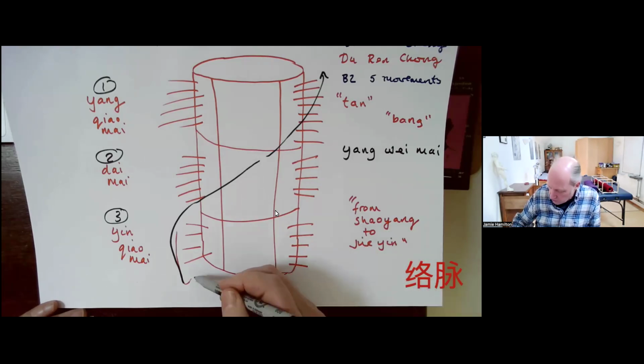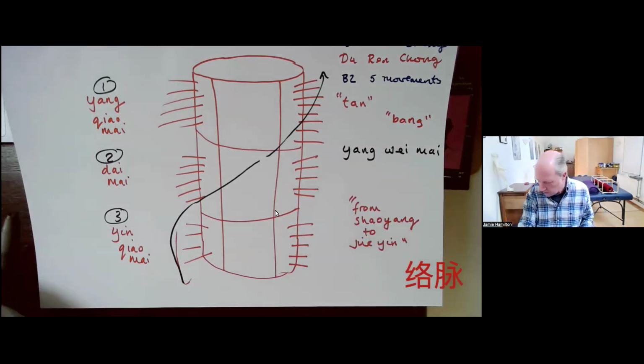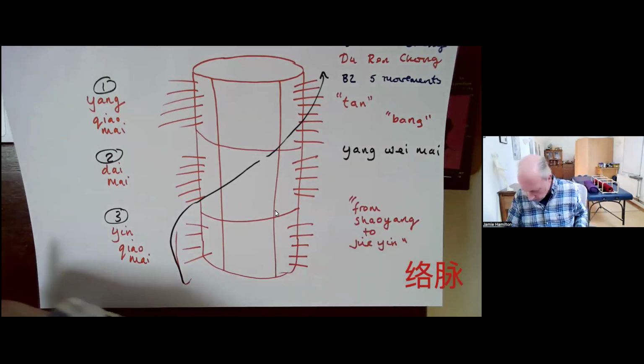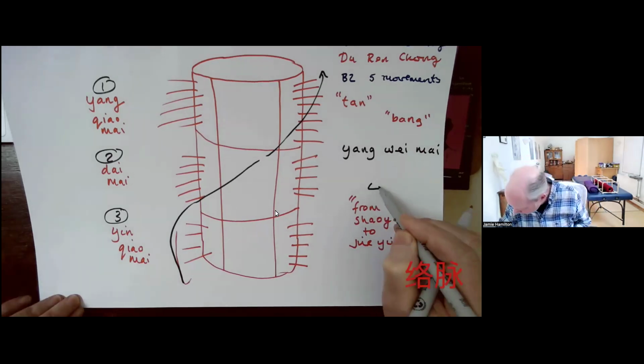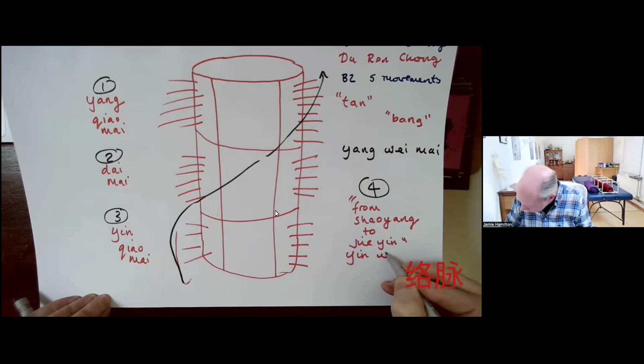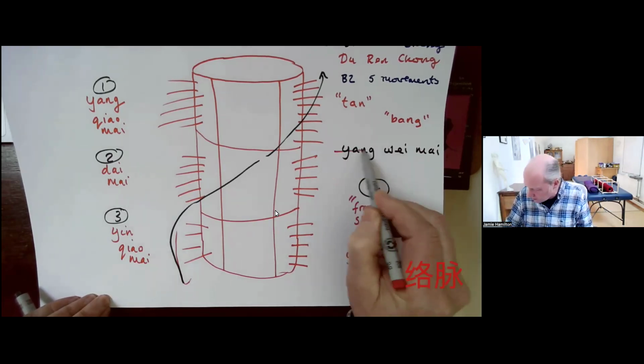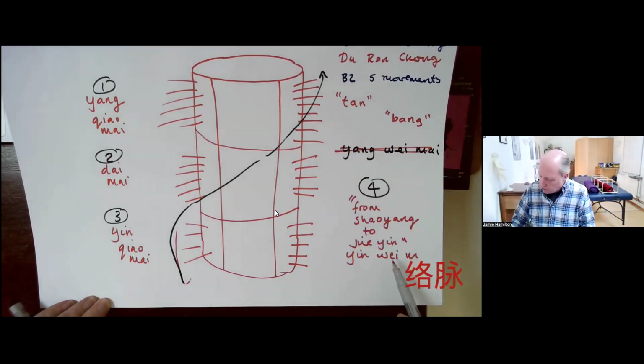From Shao Yang to Shao Yin is the Yin Wei Mai. Oh, sorry, I did it wrong. Okay, cross that out. It's not Yang Wei Mai. From Shao Yang to Shao Yin is Yin Wei Mai.